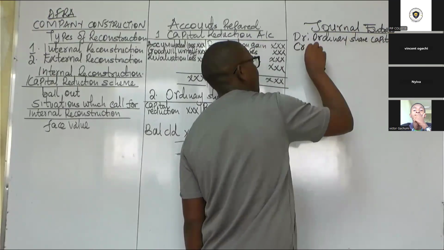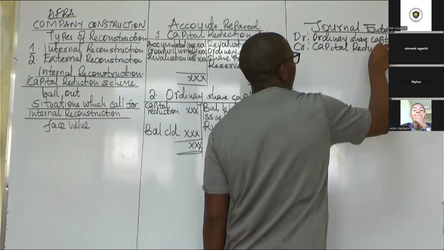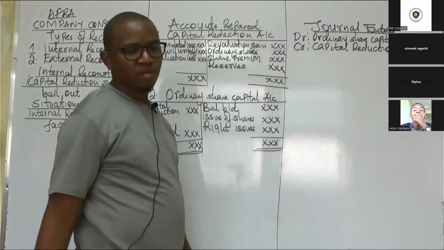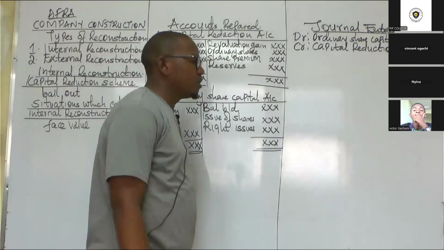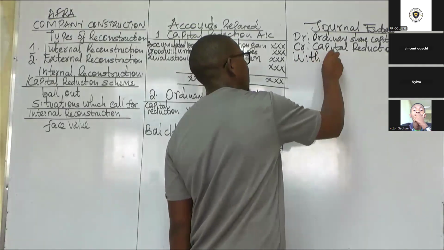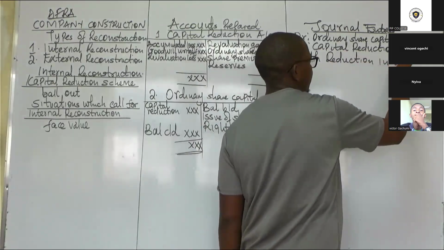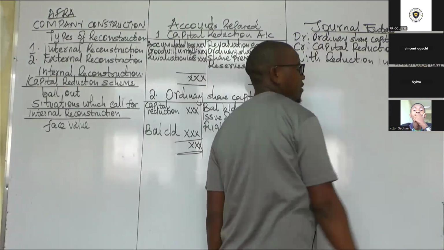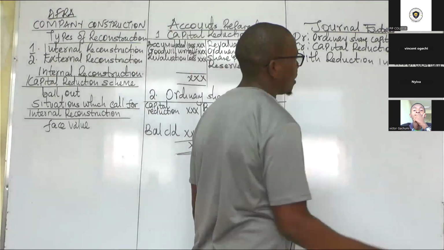You will credit the capital reduction account. But with a reduction in liability value, you will debit the liability account.